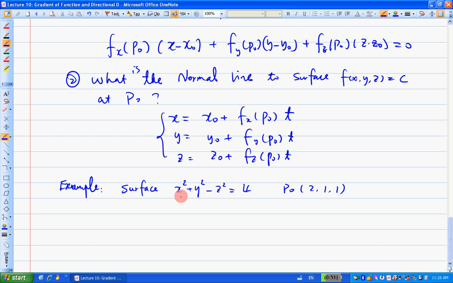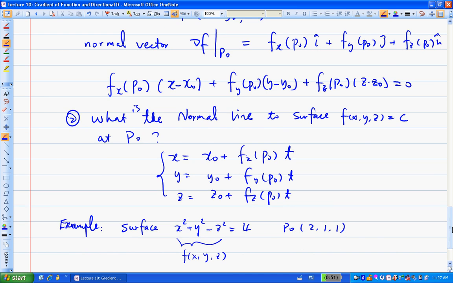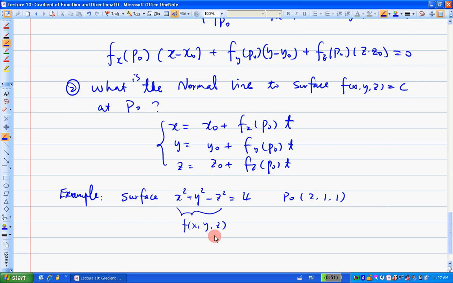Basically, this whole left side here is your f(x, y, z). So the rest of the work is calculating the gradient vector and then plugging it into this plane equation. It shouldn't take you more than 15 seconds to finish this.